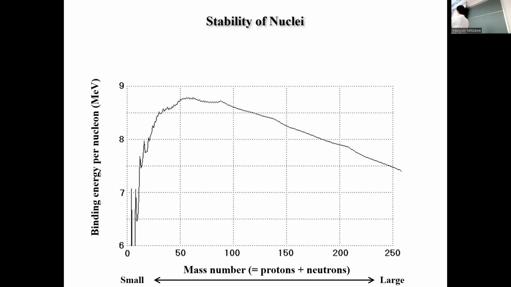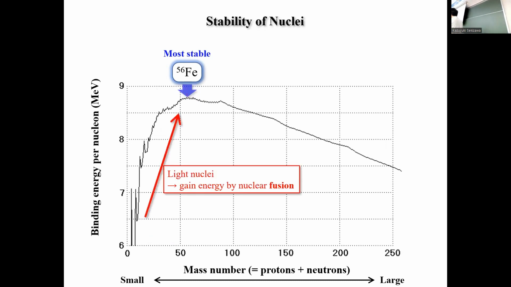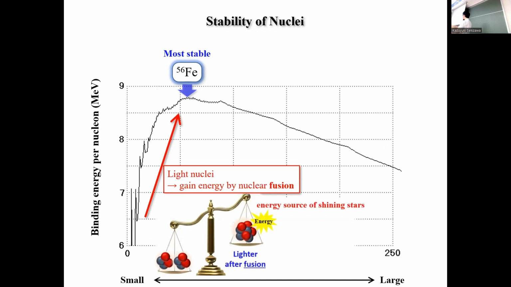And that was related to the stability of finite nuclei. As I mentioned in my first lecture, here is the most stable nucleus, iron-56. It means that lighter nuclei can gain energy by nuclear fusion reactions. Like the PP chain, we have a chain of reactions until the formation of iron-56.